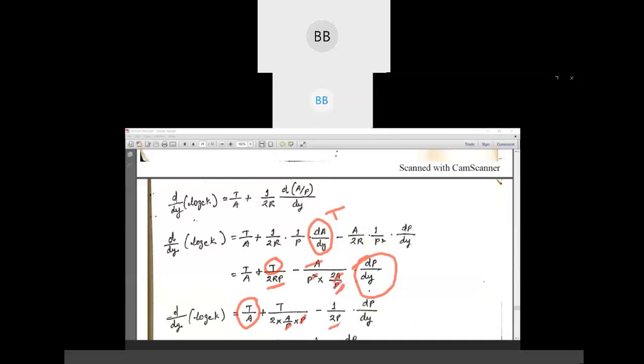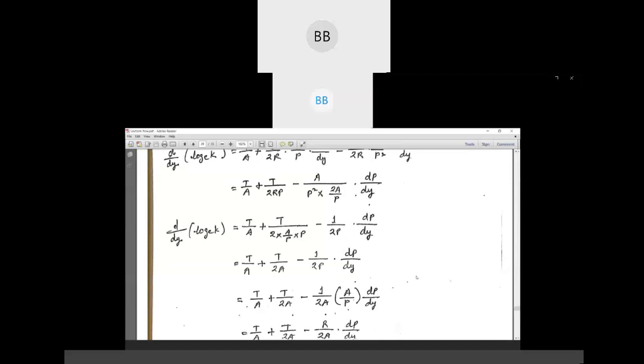So 1 by twice p dp by dy. So this is why we have t by a here. This p will be cancelled out. We have t by twice a, 1 by 2p multiplied by dp by dy.